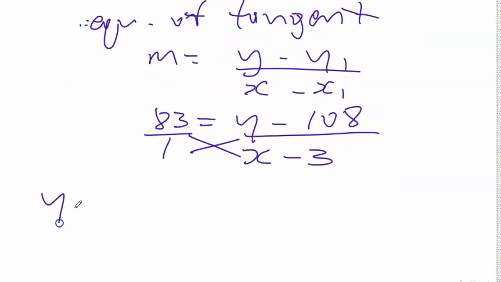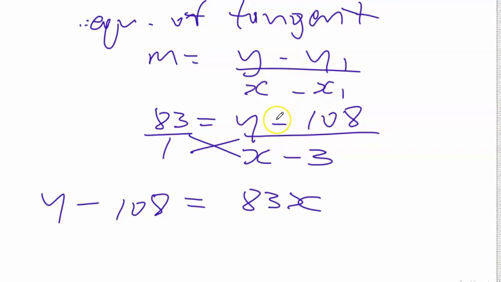So we end up with y minus 108 equals 83 times x, that's 83x, and 83 times 3, that's minus 249. 83 times 3, that should be 249.